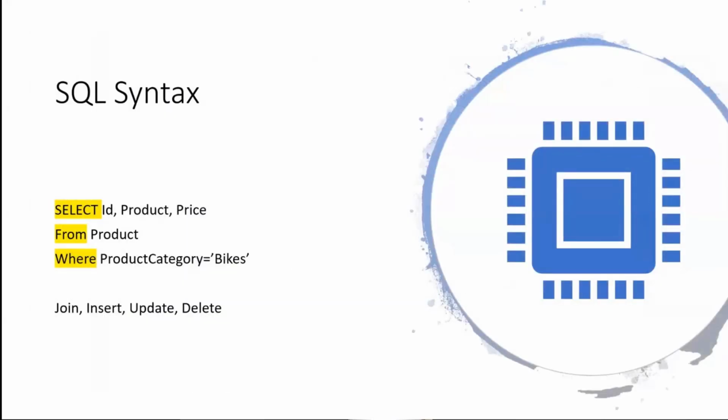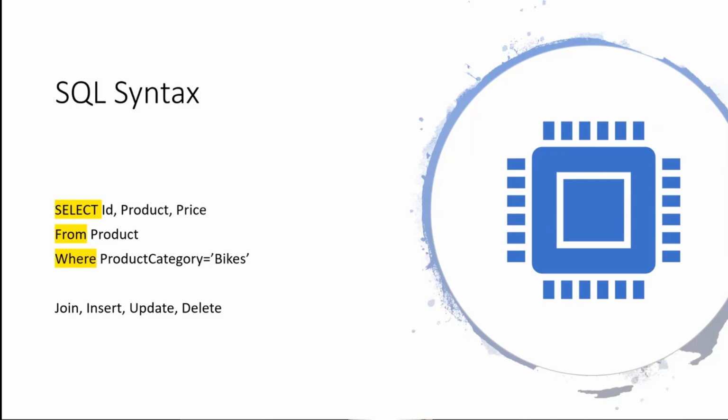So I'm sure you understand this very simple query. What we're doing is selecting some columns from the product table where we put the WHERE condition. It's very simple skills and syntax. Everyone who works with databases knows about it.